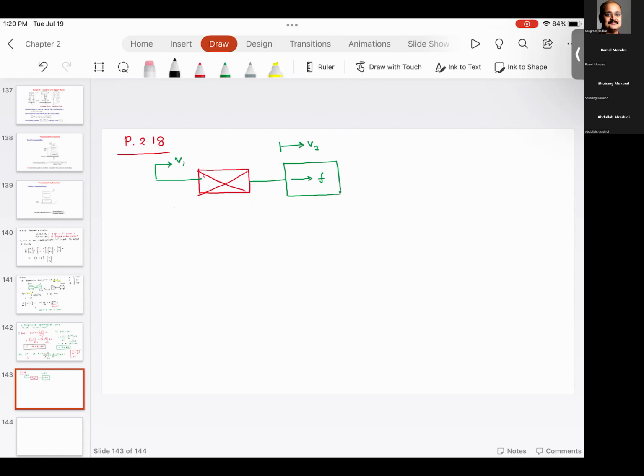This is a nonlinear quadratic damping system. So this is a nonlinear damper, and it is exerting some force.